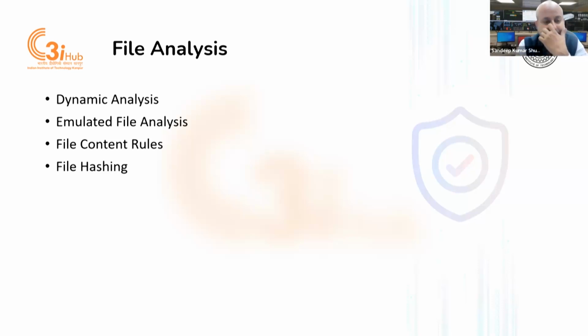Hashes are basically somewhat like a signature of the file. So if you get a list of hashes of malicious files, and if one of your files' hash matches with that, then you know that you do not want to use that file. So this is one way to detect that you have a malicious payload or malicious file inserted into your system.